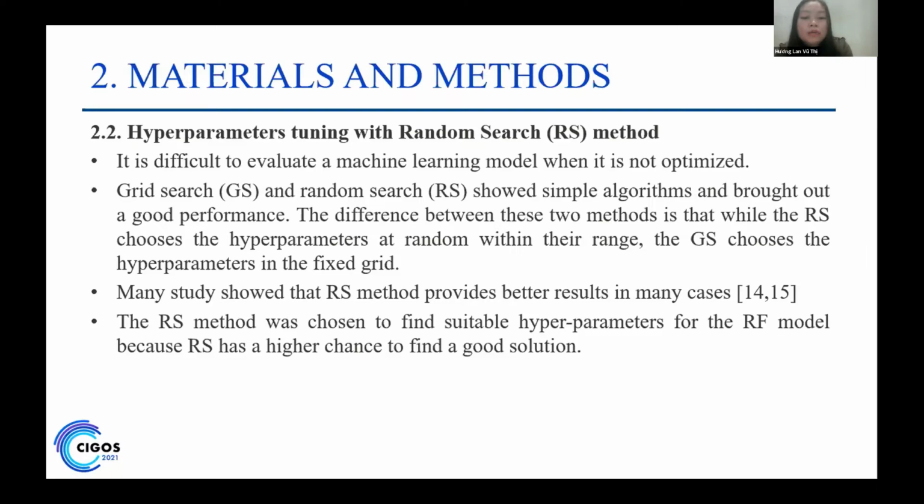The difference between these two methods is that the RS chooses the hyperparameters at random within their range, while the GS chooses the hyperparameters in a fixed grid. Many studies show that the RS method provides better results in many cases. The RS method was chosen to find suitable hyperparameters for the RF model because the RS has a higher chance to find a good solution.